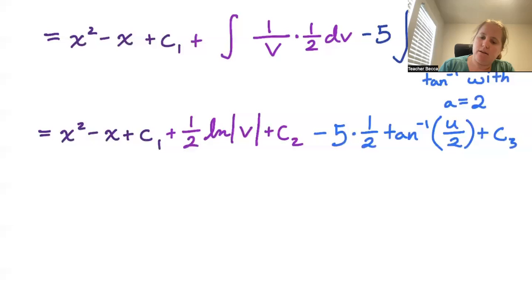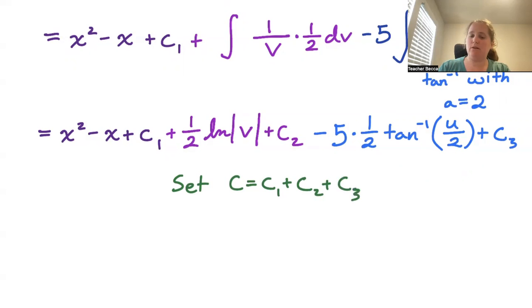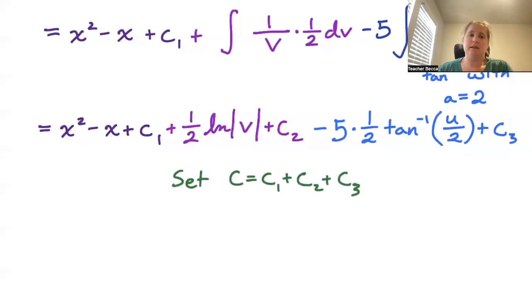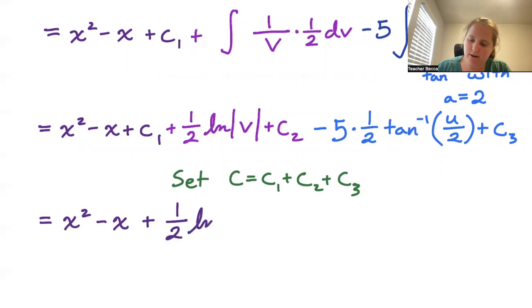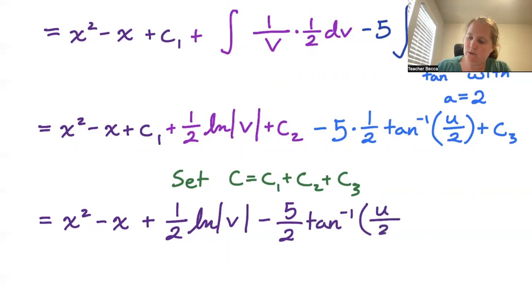Now we can go ahead and combine all our c's together. If we set c equal to c1 plus c2 plus c3, we can jump straight there. If you want to ignore the c's until the very end, that is perfectly fine. You can find an antiderivative and then just add c at the end. So we have x squared minus x plus 1/2 times the natural log of the absolute value of v minus 5/2 times tan inverse of u over 2 and then plus c at the end.